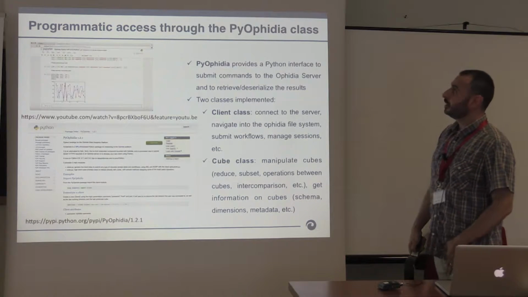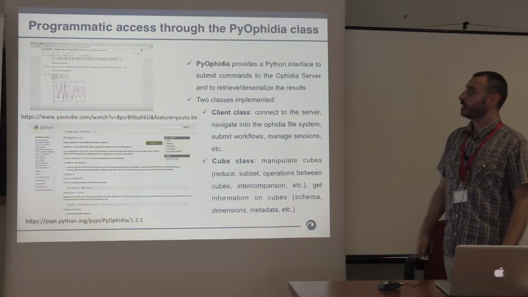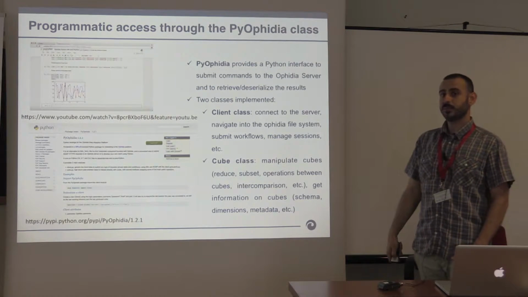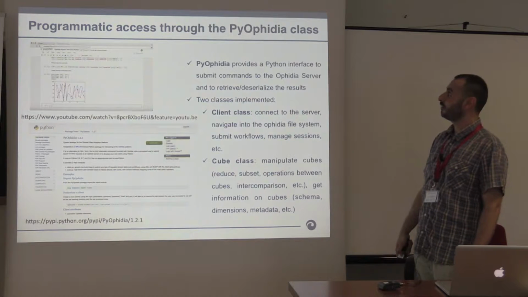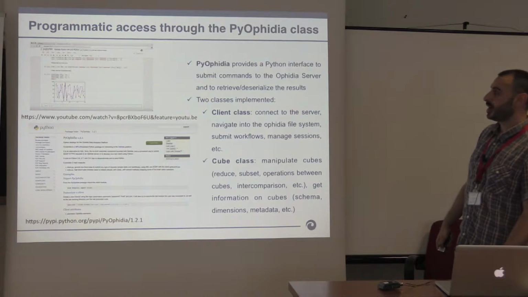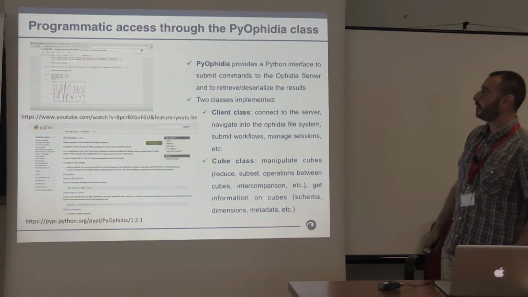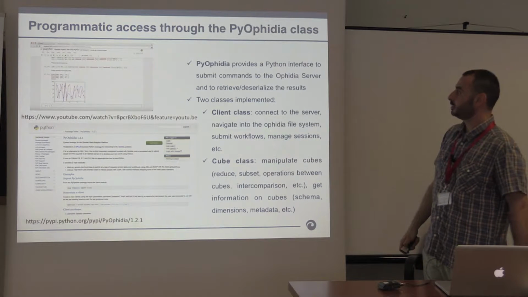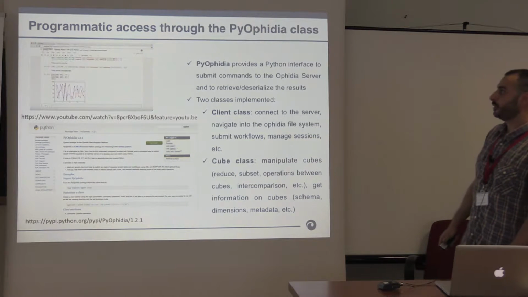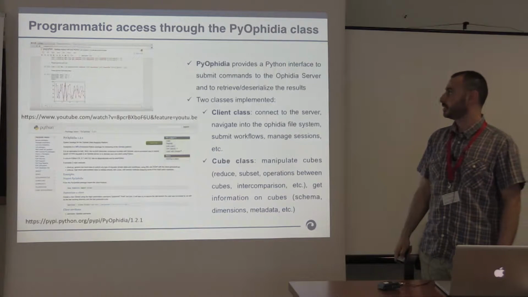As I said at the beginning, we also provide programmatic access through Sci-GaIA, but also through the PyOphidia class. PyOphidia provides a Python interface that sends commands to the Ophidia server and retrieves and deserializes the results.